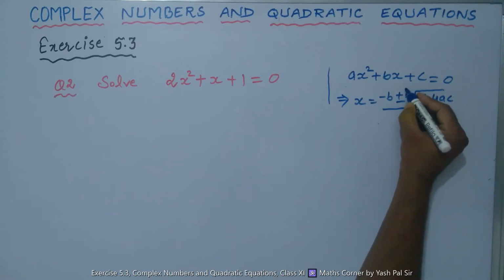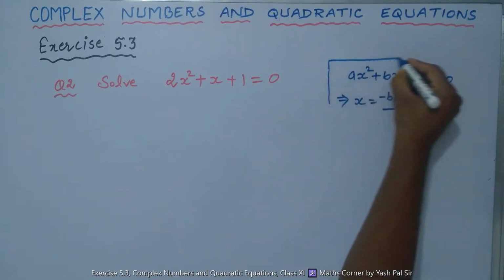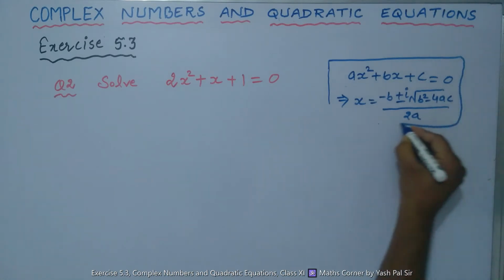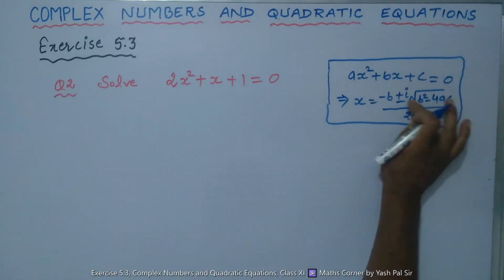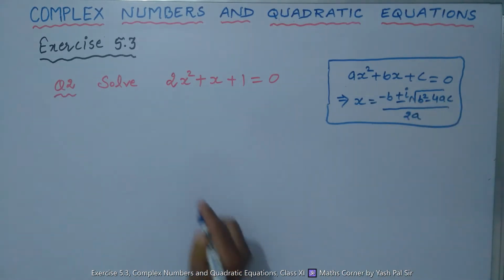Moreover, we insert here the iota sign because b square minus 4ac is negative, less than 0. So in order to make this positive, we put iota outside.